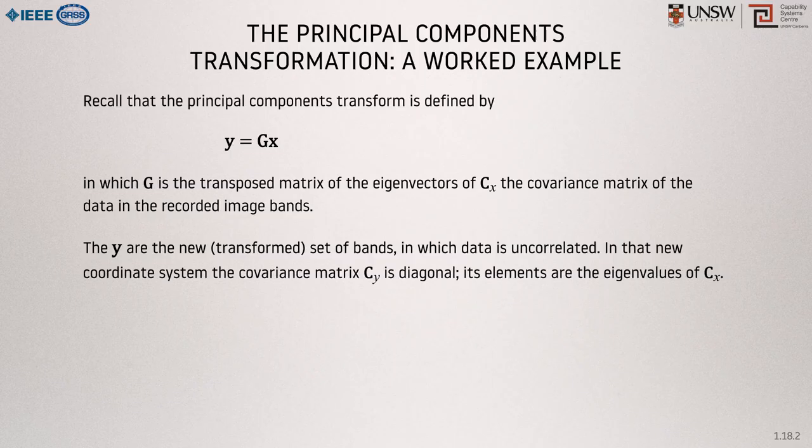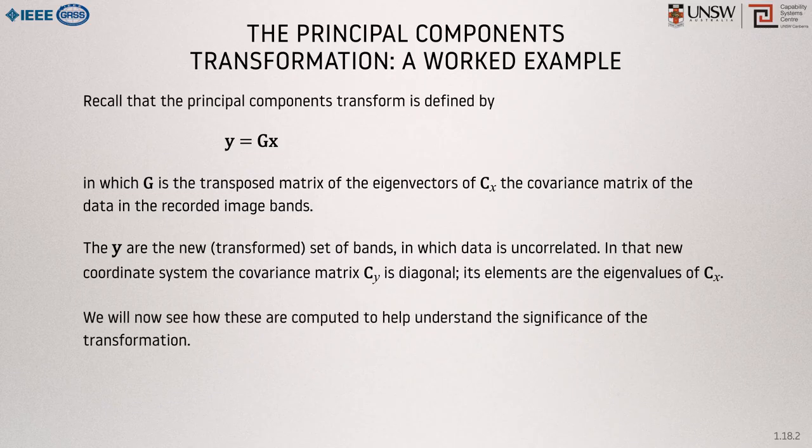Remember, G is the transpose of the matrix of column eigenvectors. The covariance matrix of the transform data, that is, in the y-coordinate space, is the diagonal matrix of the eigenvalues of C subscript x.